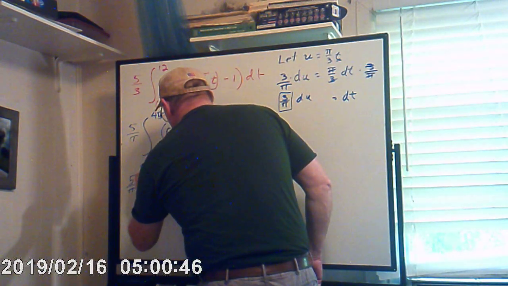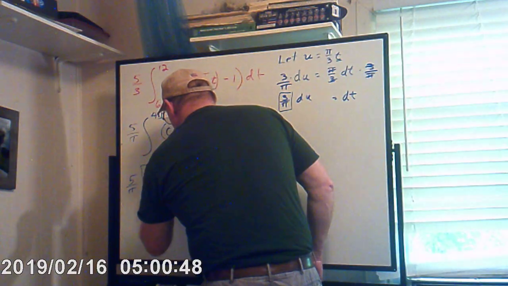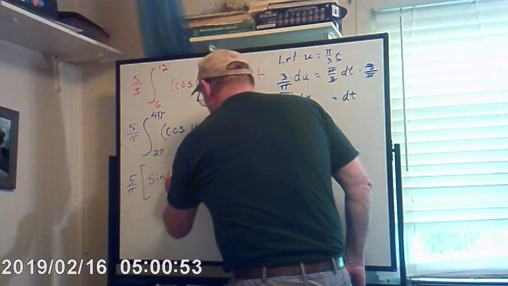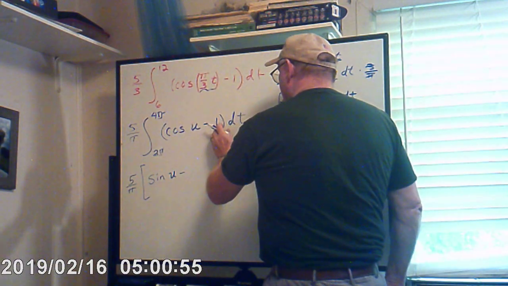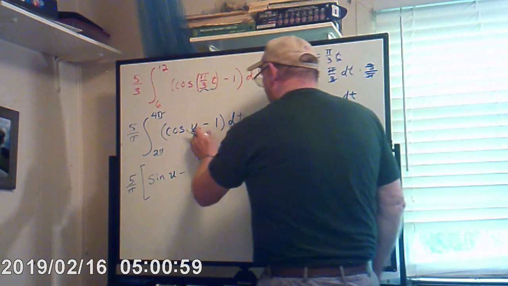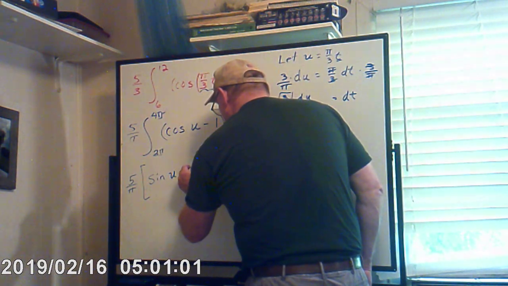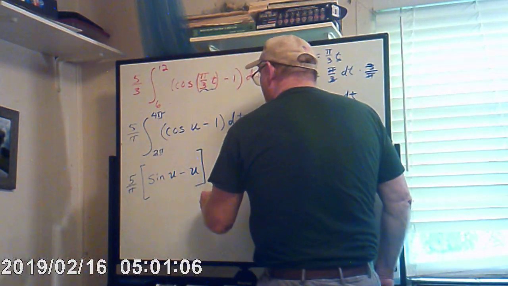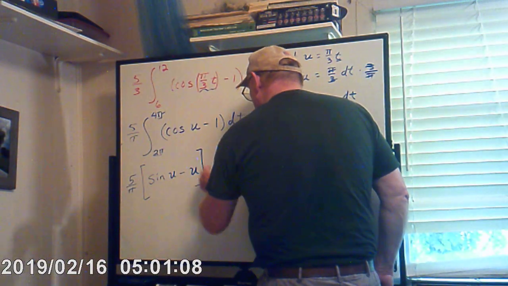Now sine, remember it's in terms of u now. Now remember, when you take the antiderivative of a constant, it's that constant times u, so just 1u. Woo, I left that off last time. And we're going from 2 pi to 4 pi.